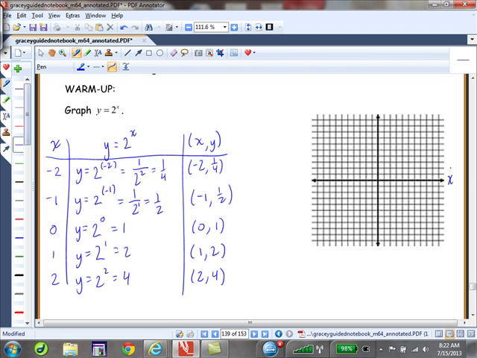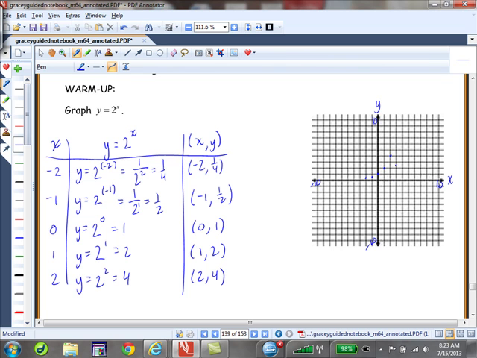So we'll just use a standard scale, and don't forget to name your x's. Here we are. -2, 1/4 is about here, -1, 1/2 about here, 0, 1, and then 1, 2 and 2, 4.